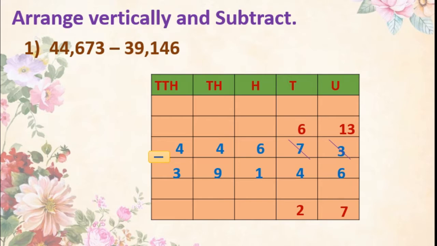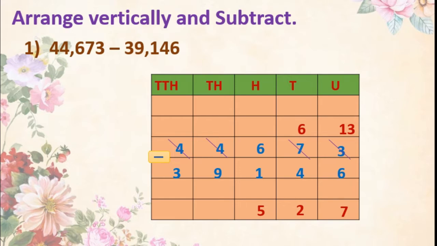Now we will move to hundreds place. Here 6 minus 1 is equal to 5. And in the thousands place 4 minus 9. Again it is not possible. We have to borrow from the left side column, that is 10,000s column. We can see here 4 in the 10,000s column. So we will untie this 4 10,000s. Here what happens? 4 10,000s becomes 3 and 1 10,000 will be borrowed to the thousands place.